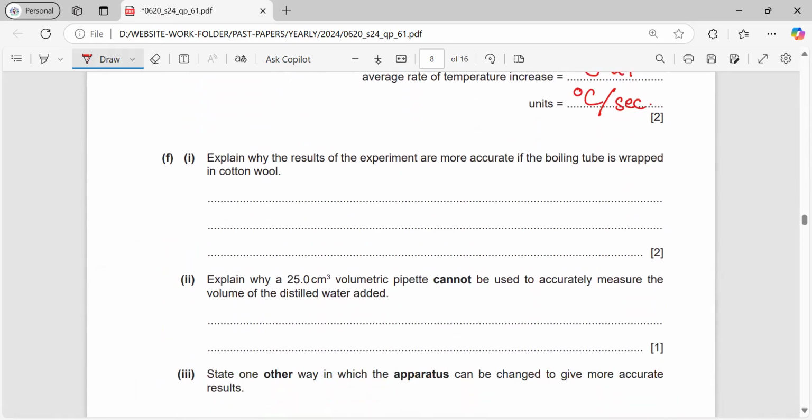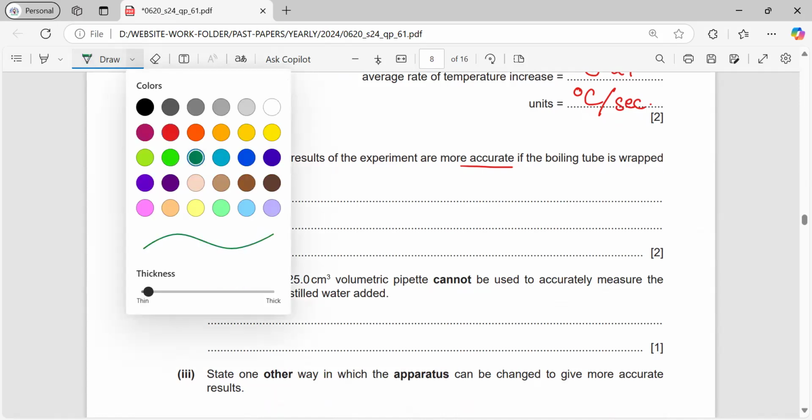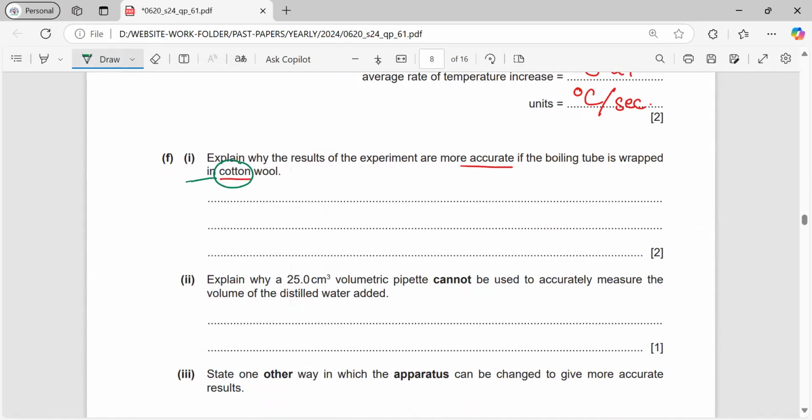Explain why the results of the experiment are more accurate if the boiling tube was wrapped in cotton wool. Cotton is an insulator, and we are measuring the temperature change here. To avoid heat loss, we will use a boiling tube wrapped in cotton wool.